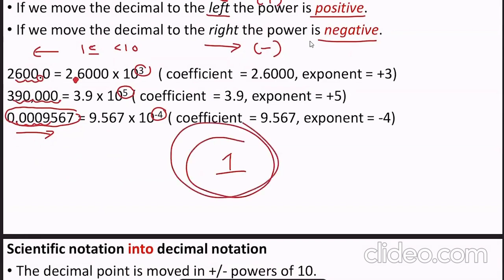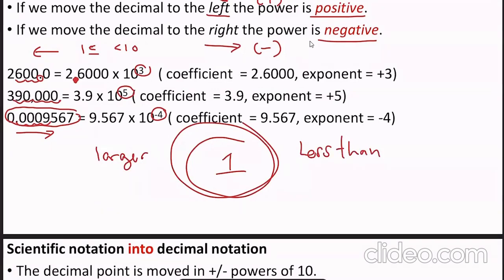I'm going to use the number 1 to determine whether my exponent is positive or negative. All I need to know is just this number 1. Is the value I'm trying to convert larger than or less than 1? Is it larger? Is it less than 1?